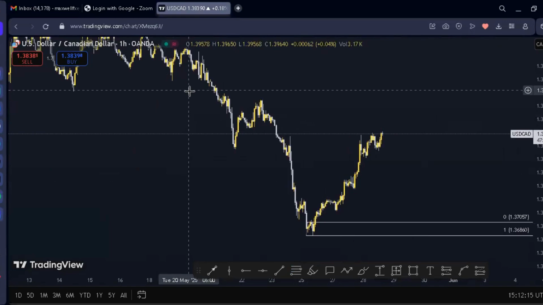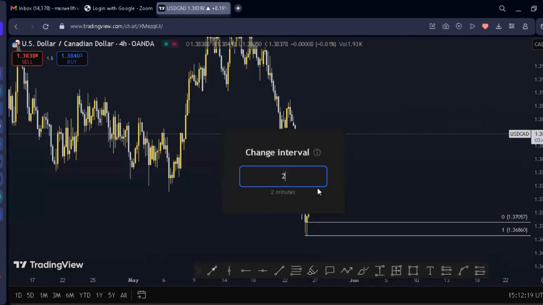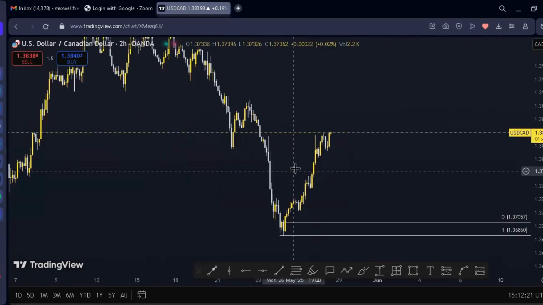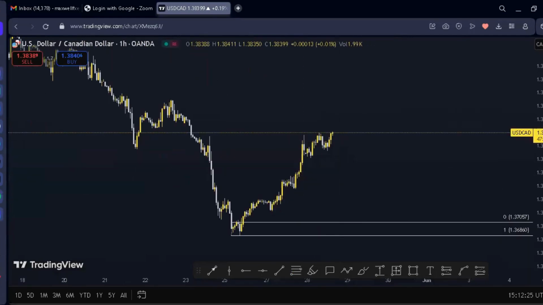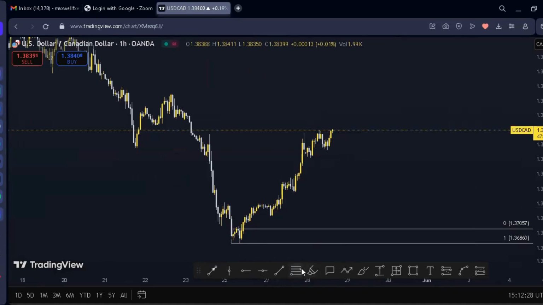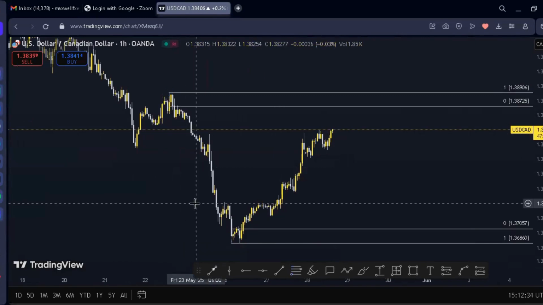However, I don't know whether it was from a 4 hour or 2 hour, or let me see, 1 hour, I think I saw something that looked like a potential selling area, which is this area here.